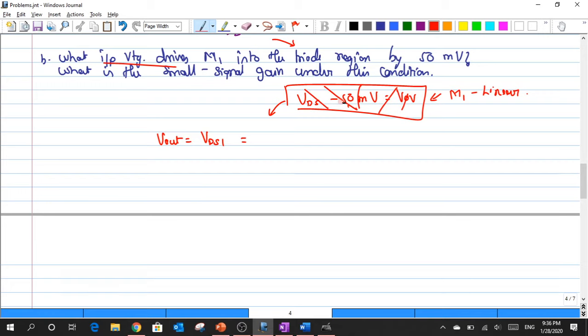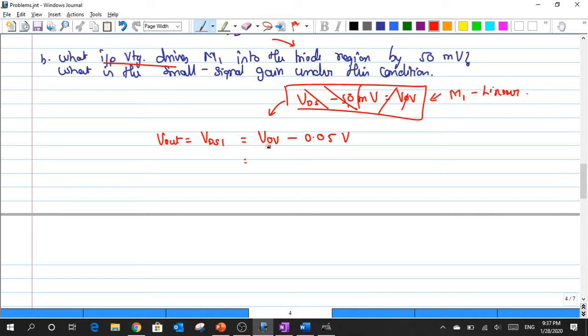Let me go with what we know: the value of VDS is currently away from the value of VOV by 50 millivolt, which would lead to 0.05 volt. And we need to know what our VOV value was for the previous condition, when we were at the edge of saturation.